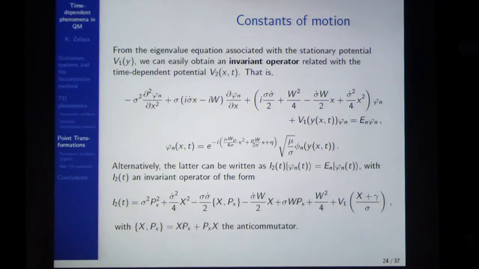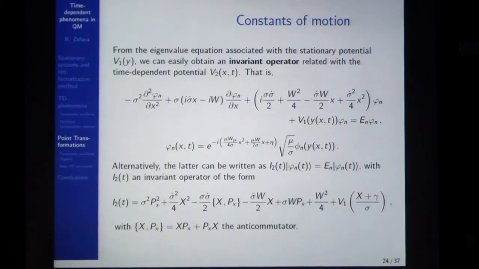So in this case, let's think about the former system. What happens with a stationary system? From a stationary system, with a Hamiltonian that does not depend on time, what first integral or constant of motion can we think of? It is the Hamiltonian itself, of course.